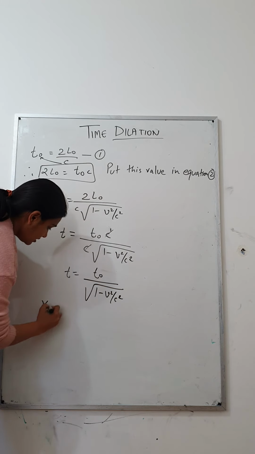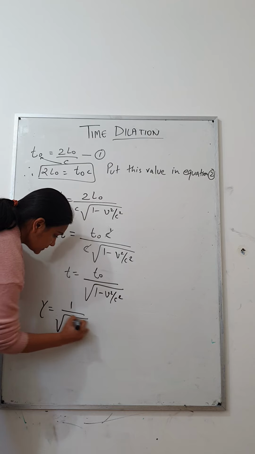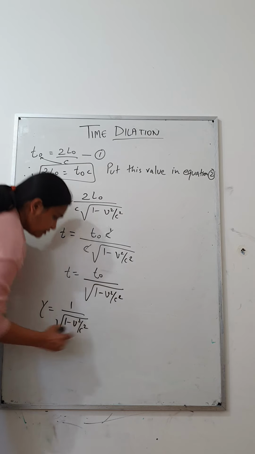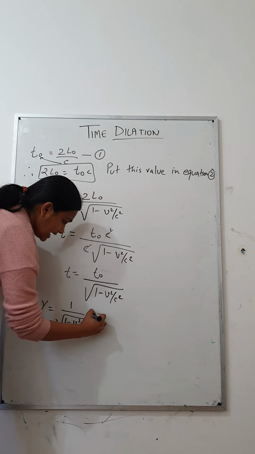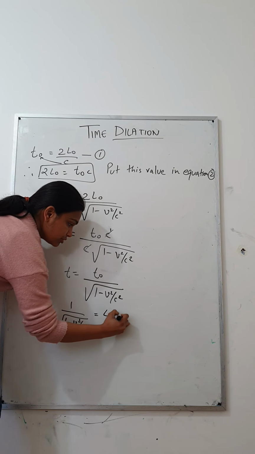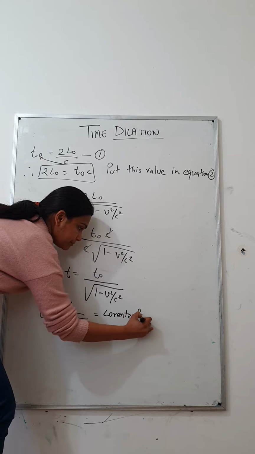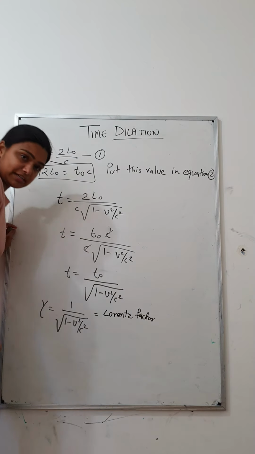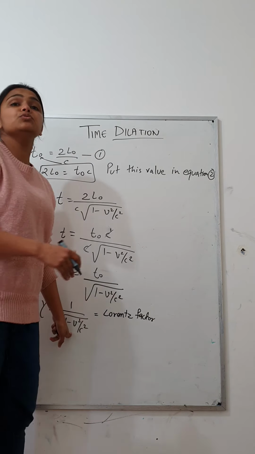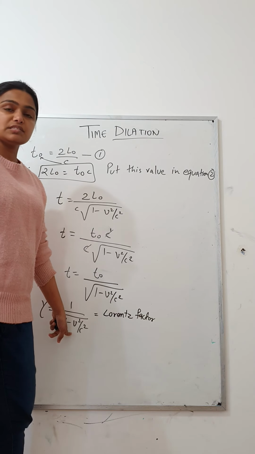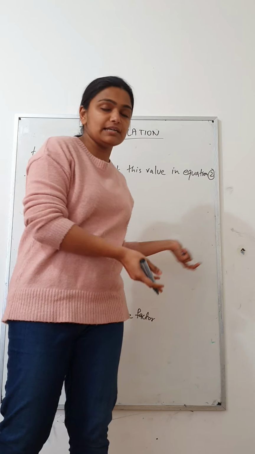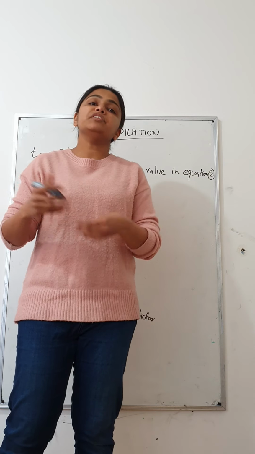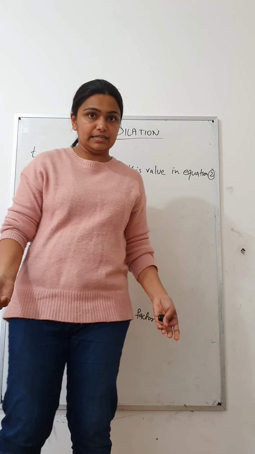Now, just to simplify, we can put 1 divided by root of 1 minus v square by c square as gamma. This is also known as the Lorentz factor. It will be used many times when we talk about the twin paradox, length contraction, time dilation, and different phenomena related to special relativity.